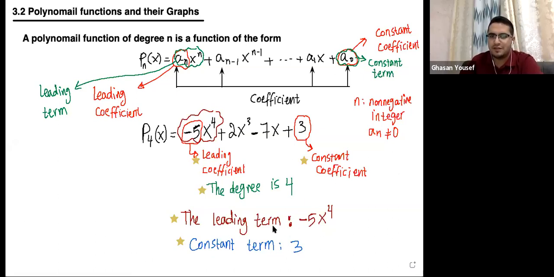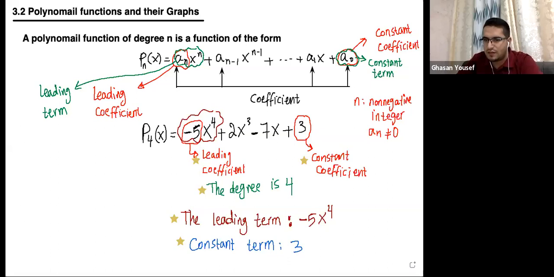Okay, any questions for this example? When we say the leading coefficient, that is x to the power 4, the leading coefficient, it's the coefficient, the number in front of the variable x.